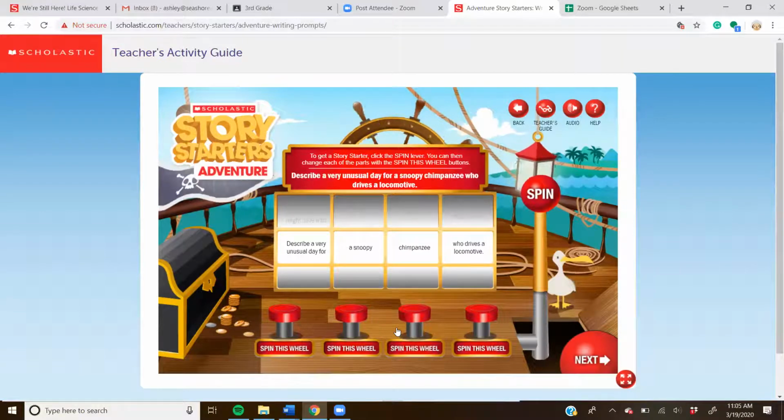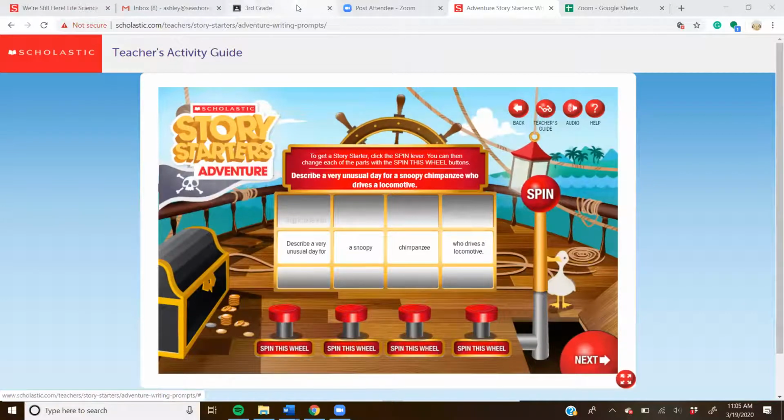So you guys are going to write a sentence or two about a very unusual day for a Snoopy or nosy chimpanzee who drives a locomotive. A locomotive is just a fancy word for a train. So I'm going to go ahead and put that in our group chat.